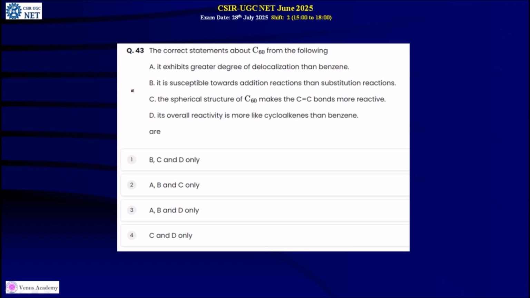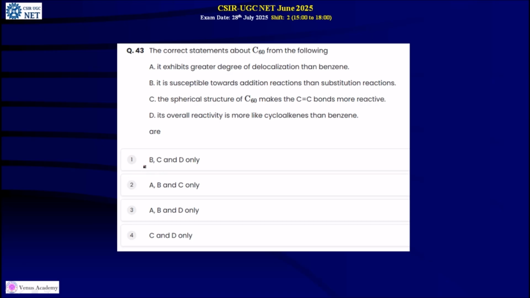The correct statement about C60 from the following. Statement A, it exhibits greater degree of delocalization than benzene. Statement B, it is susceptible towards addition reactions rather than substitution reactions. Statement C, the spherical structure of C60 makes the C=C bonds more reactive. Statement D, its overall reactivity is more like cycloalkenes than benzene.